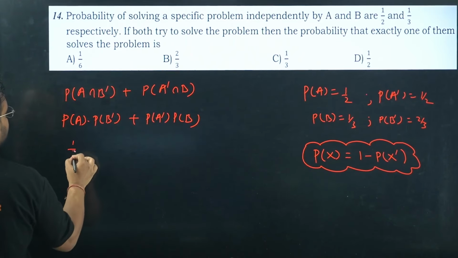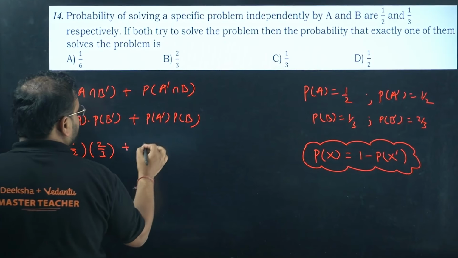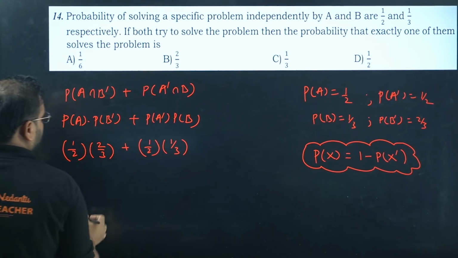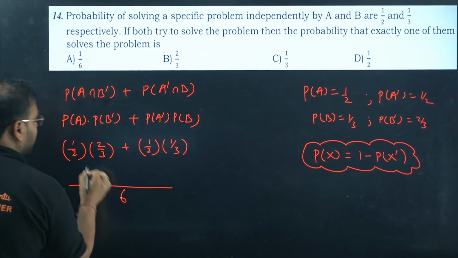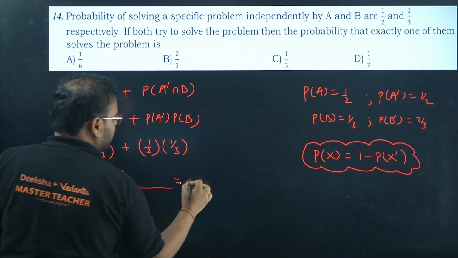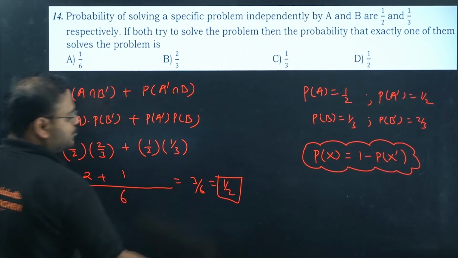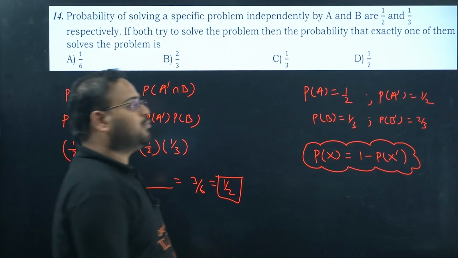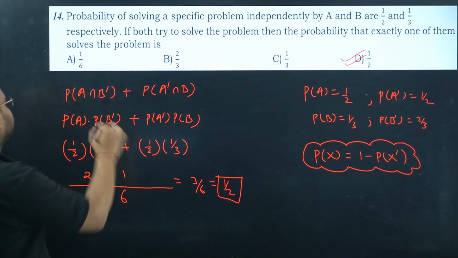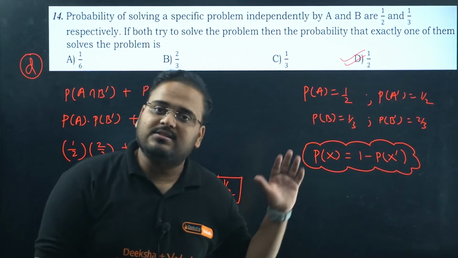PA is 1 by 2, PB dash is 2 by 3, plus PA dash is again 1 by 2 and PB is 1 by 3. LCM will be what? 2 into 3 is 6 only. 2 plus 1. So 3 by 6, answer is 1 by 2. My required answer is 1 by 2. Option is D. Okay, this is a good question.